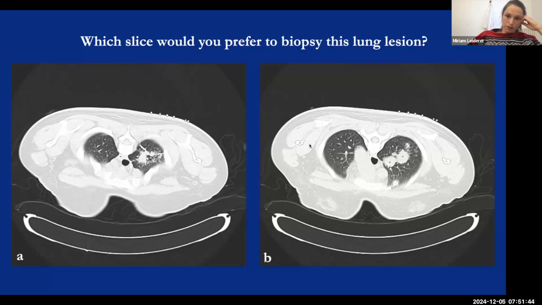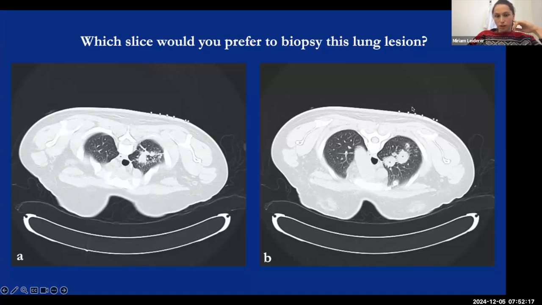So in this case, they picked number A. And why? Because on B, you may not be able to see this on your screen if you're watching on a small screen, but even if you can't see it, that is where the fissure usually is. At that level, the fissure is going to come down. You're going to have some inferior lobe here and superior lobe here.